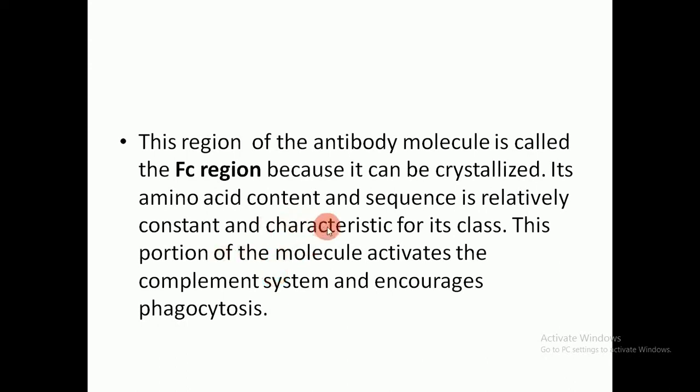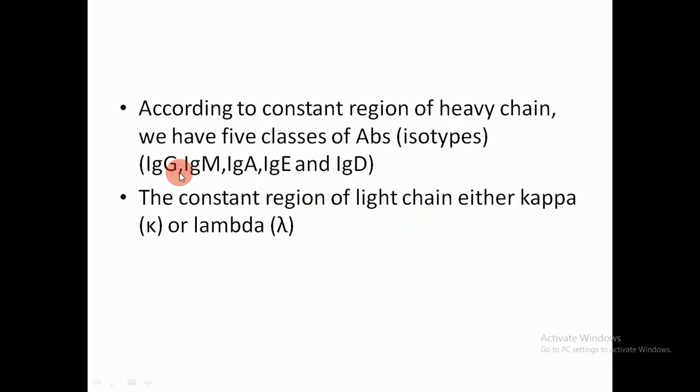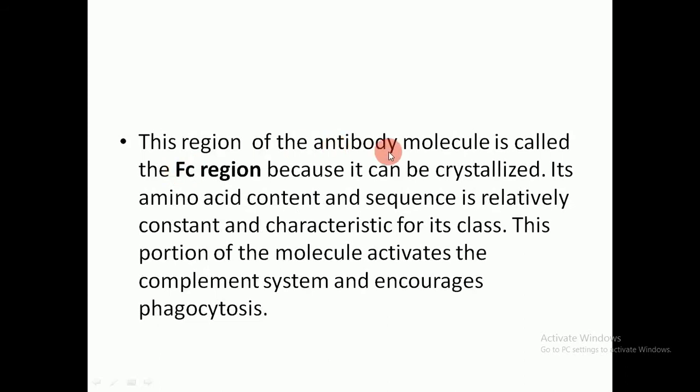This region of the antibody molecule is called the Fc region, fragment constant, because it can be crystallized. Its amino acid content and sequence is relatively constant and characteristic of its class. This portion of the molecule activates the complement system and encourages phagocytosis.